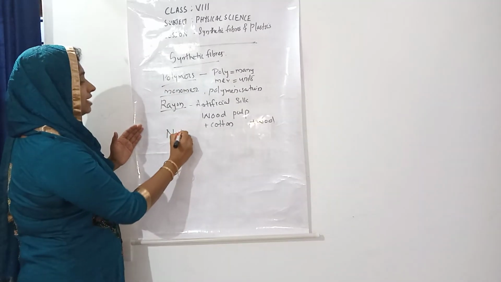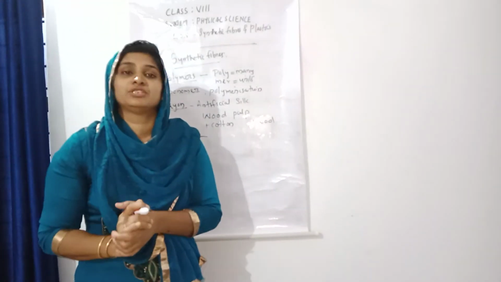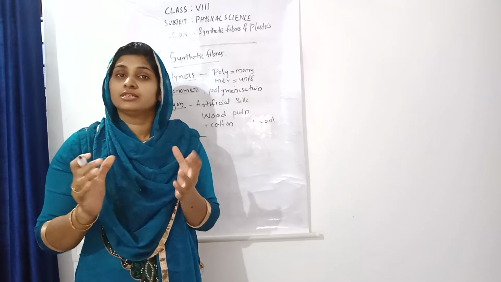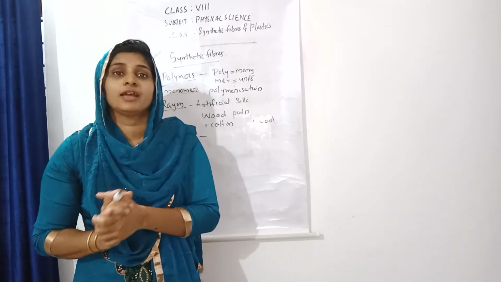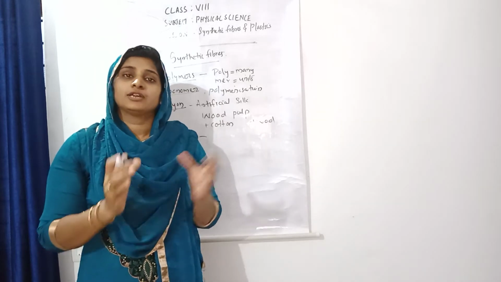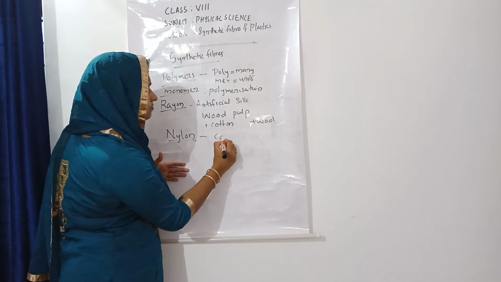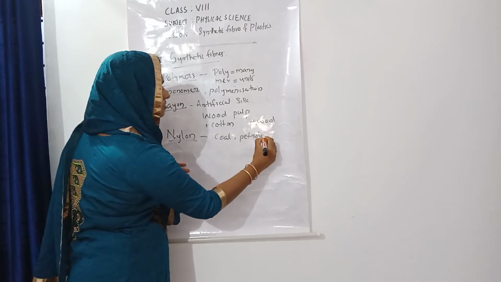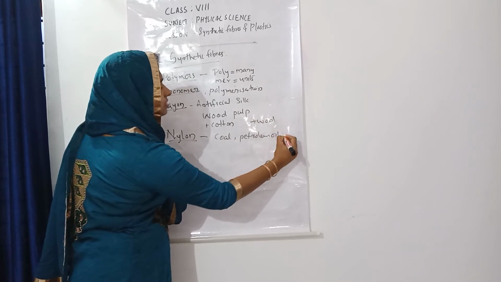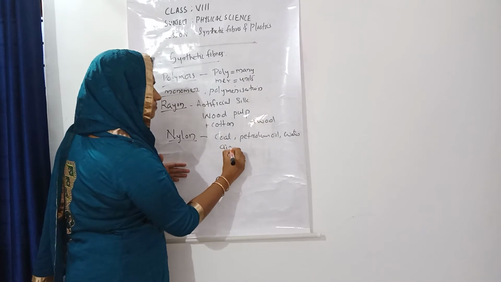Nylon is actually the first completely synthetic fiber. Its raw material is not obtained from plants or animals. Actually its raw material is coal, petroleum oil, and water, air.